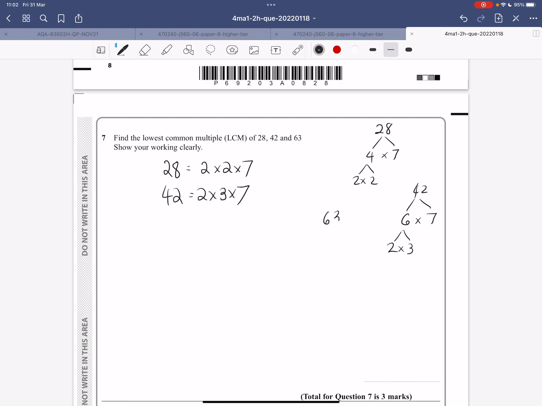What's the last one? 63. 7 nines is 63. It's 3 times 3 times 7. Okay, so this is 2 squared times 7. This is 2 times 3 times 7. This is 3 squared times 7.